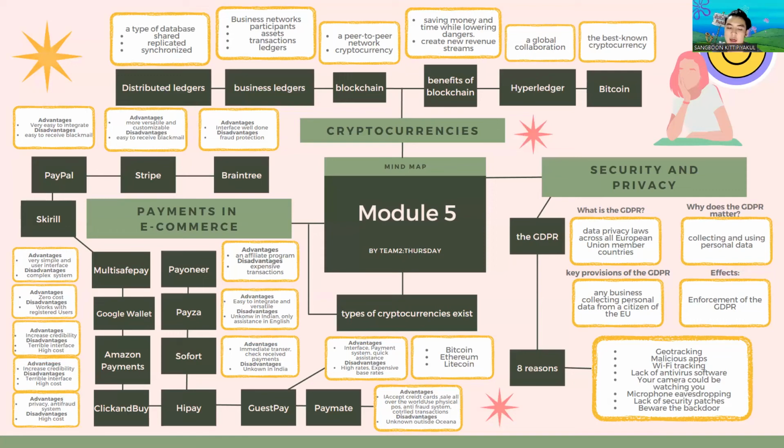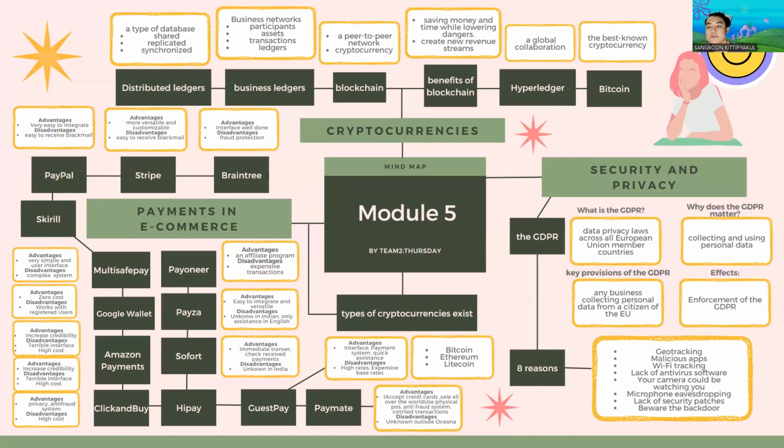Guest pay advantages: interface, payment system, quick acceptance. Disadvantages: high related expensive base rates. Advantages of payment: it accepts credit cards, sells all over the world, uses physical anti-fraud system to control transactions. Disadvantages of it: unknown outside Oceania.